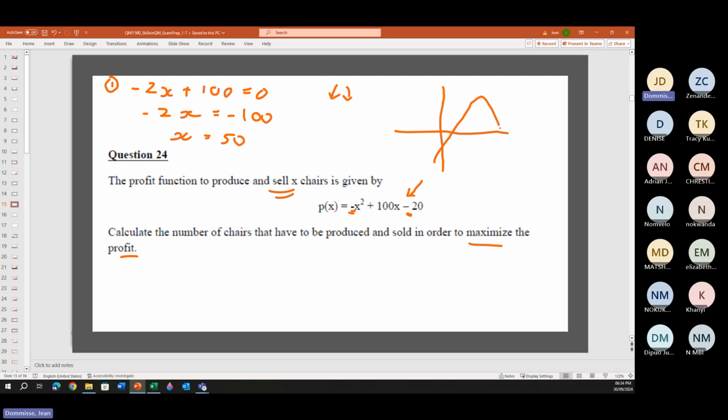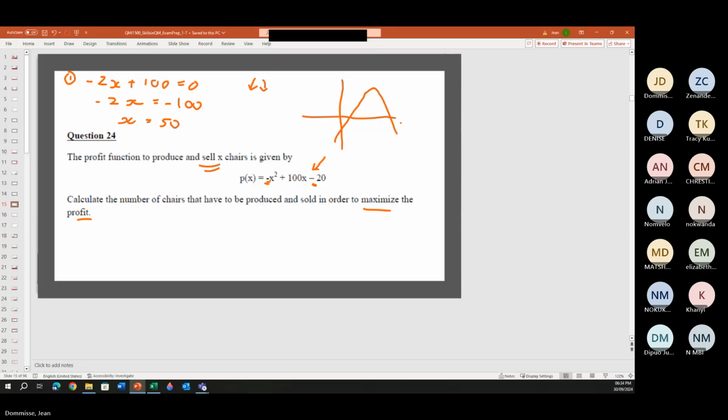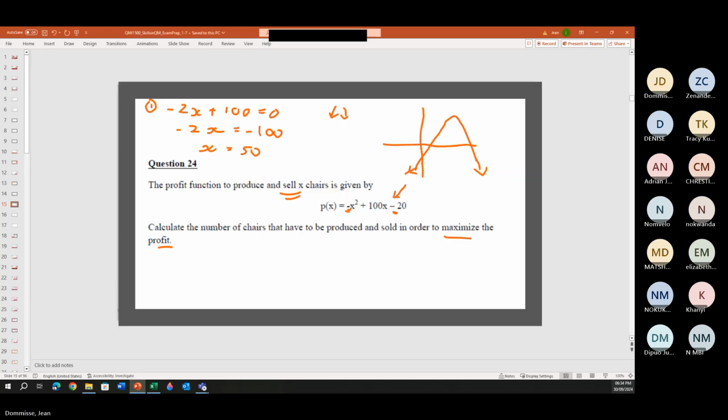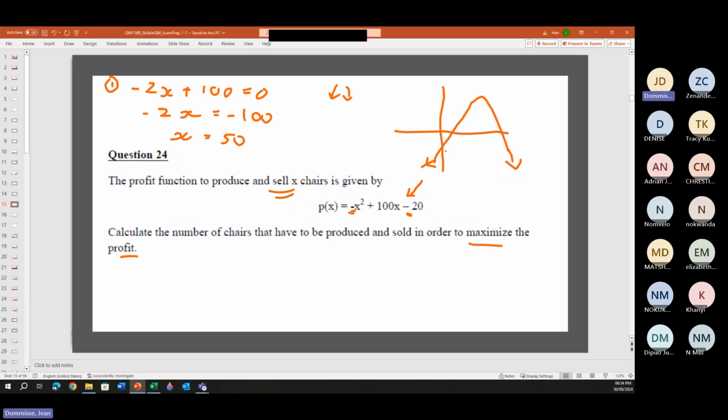So it will look something like this, where we have the minus 20. That will be your maximum point. But that's also what we have as our turning point.